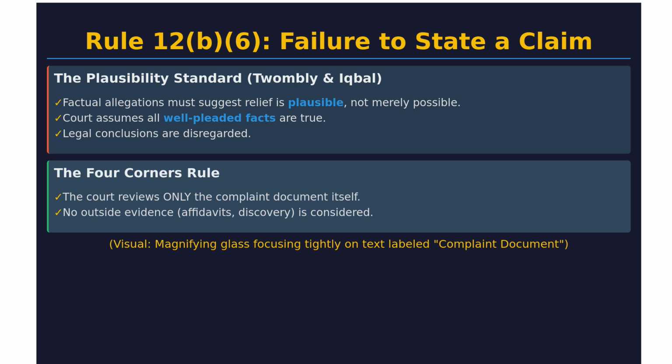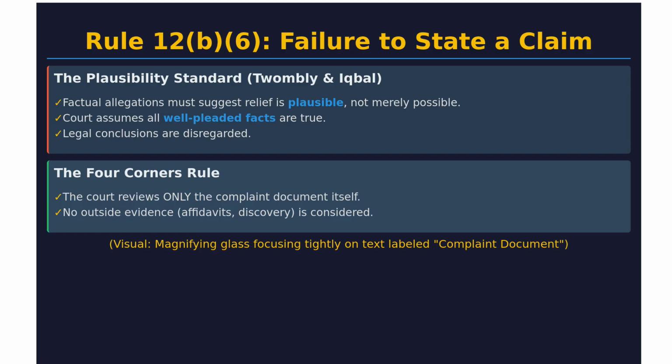Iqbal, the complaint must meet a heightened standard of plausibility. This means the factual allegations, taken as true, must move beyond mere possibility to suggest that the plaintiff is actually entitled to relief. The court must accept all well-pleaded factual allegations as true, but it disregards legal conclusions.